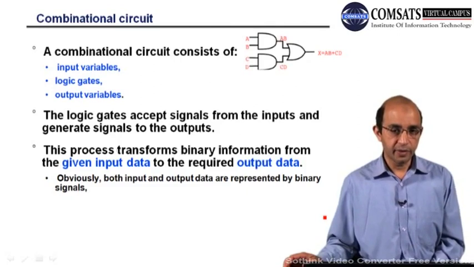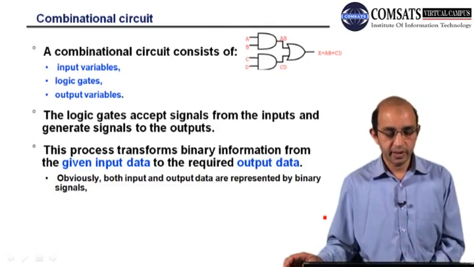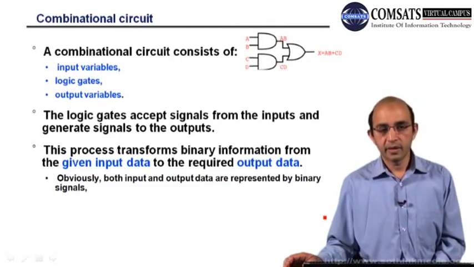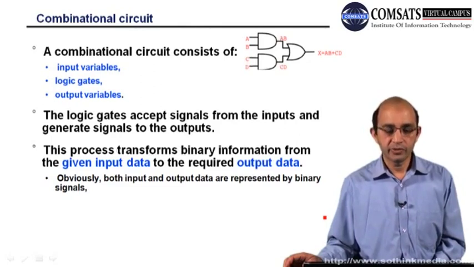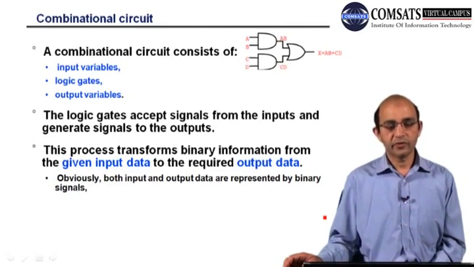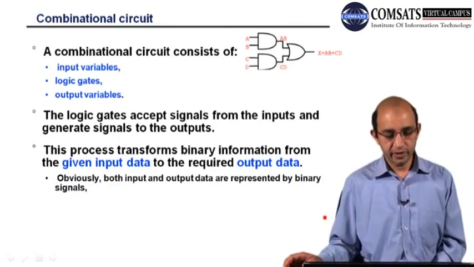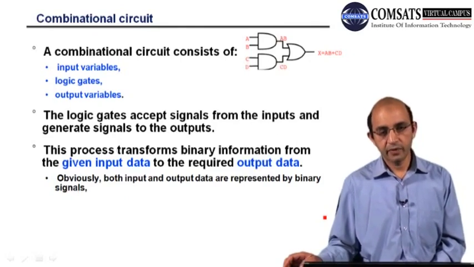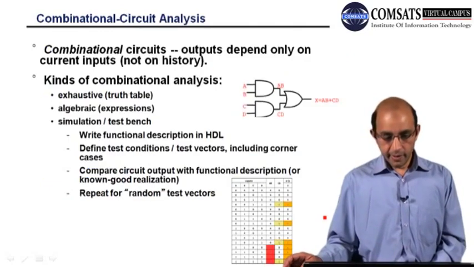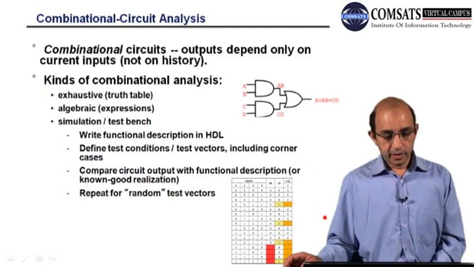Like we have variables, different variables, and then ultimately we are using logic gates, AND, OR, NOT, to represent those or to have the required functionality of those different Boolean expressions. And we have an output, definitely, so input, output, and the logic gates.